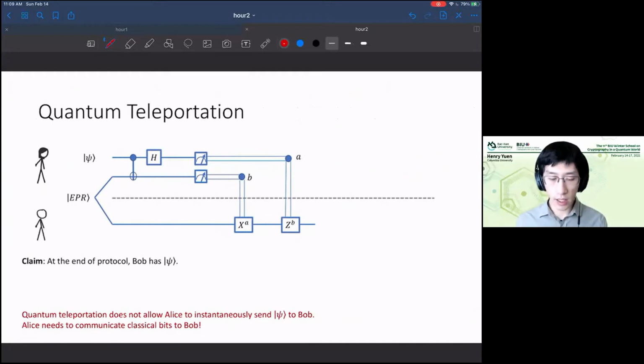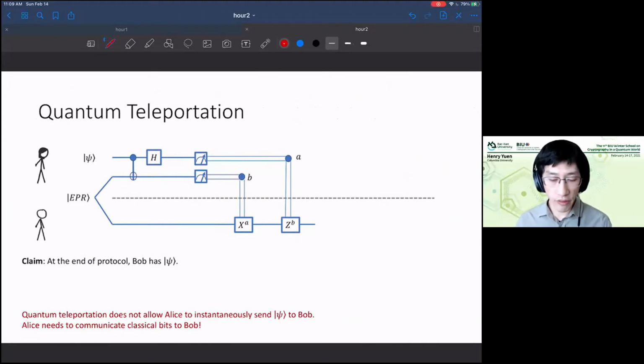But one key thing to note is that this protocol seems really cool, but it does not allow Alice to instantaneously send over the state psi to Bob, right? They really need this classical communication channel in order for this protocol to work. She needs to send these 2 classical bits, A and B, over.